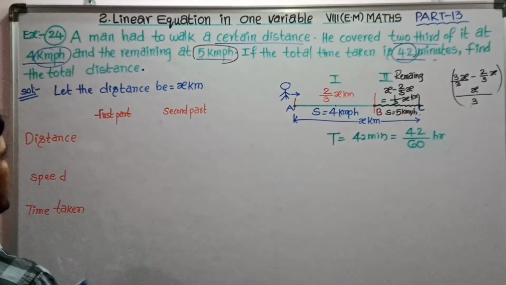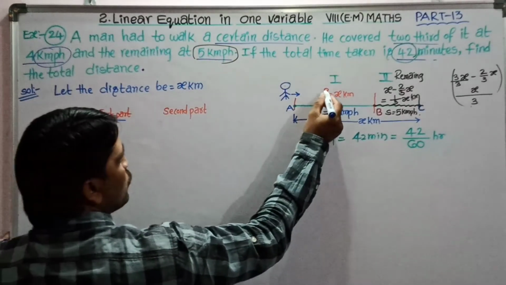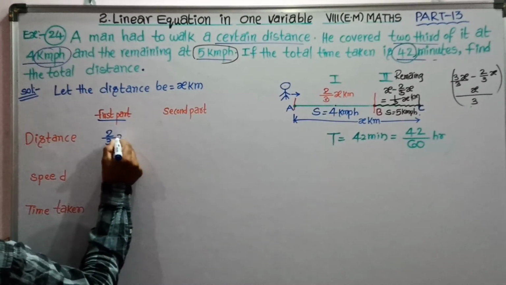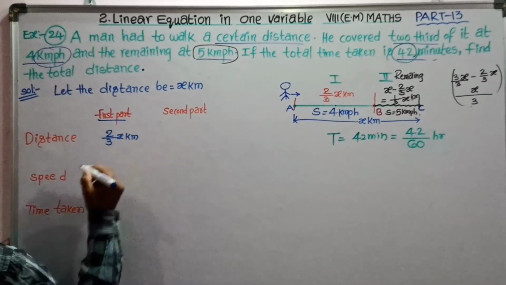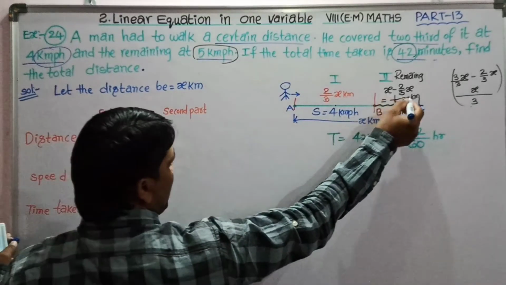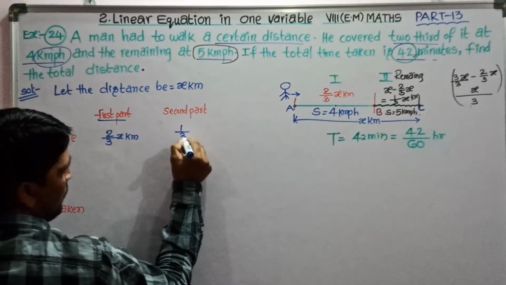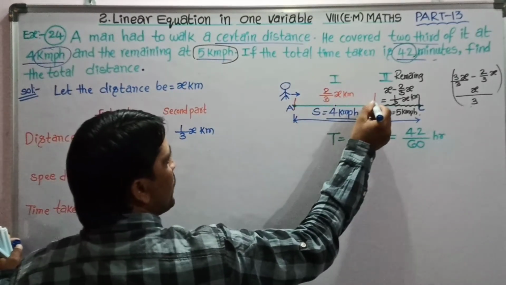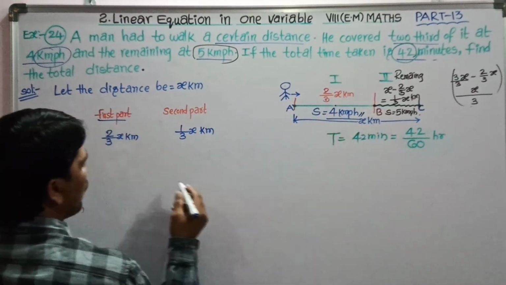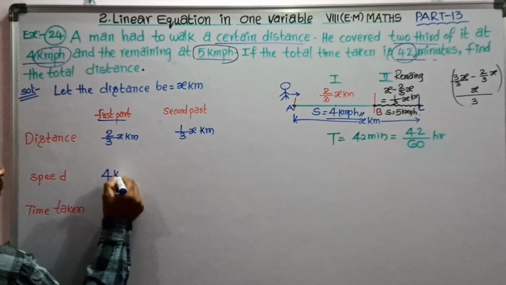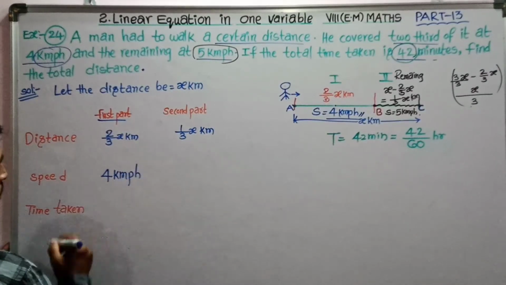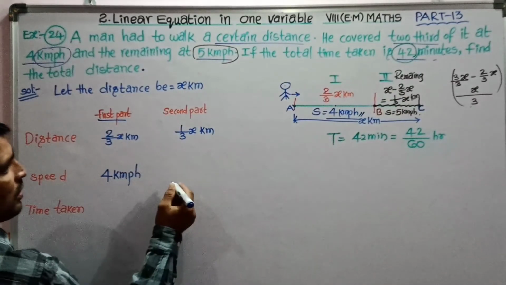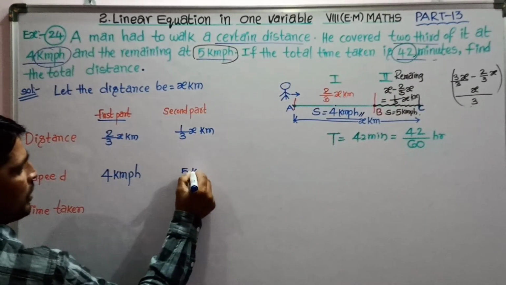Now the distance: first part is 2/3 of x kilometer, and second part is 1/3 of x kilometer. He covered the first part with 4 km per hour speed, and the remaining part, 1/3 of x, with 5 km per hour speed.